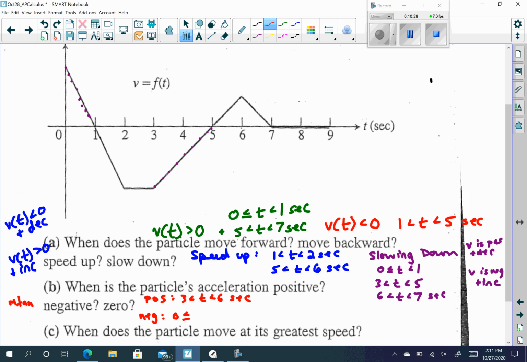We're going to include the 0. And then also from 6 to 7. And then 0, where we see the horizontal tangent lines, would be anywhere between 2 and 3, and then from 7 to 9. But we're going to include the 9.